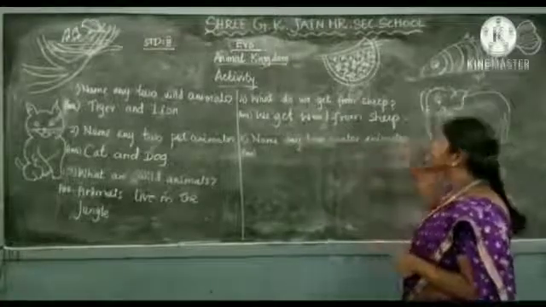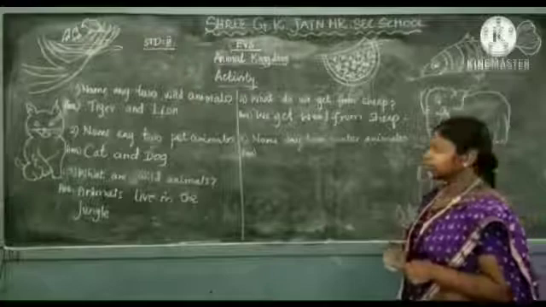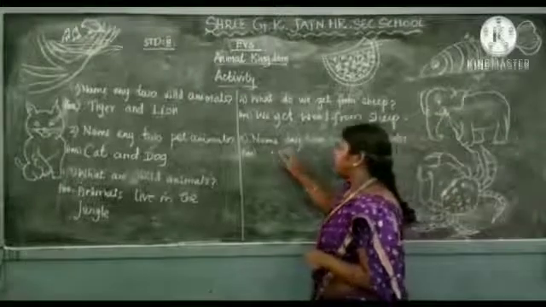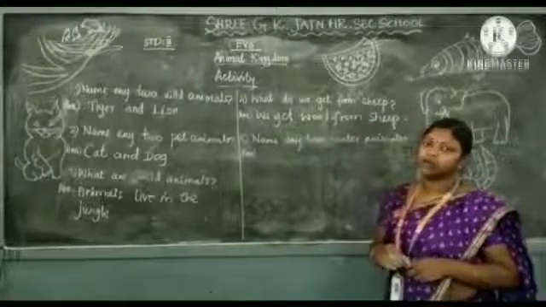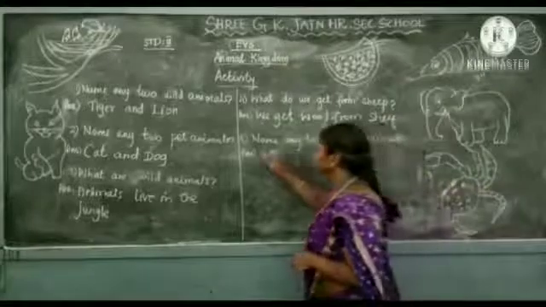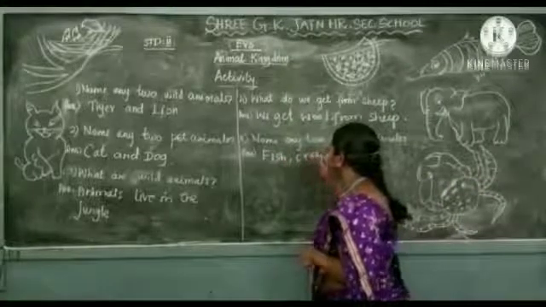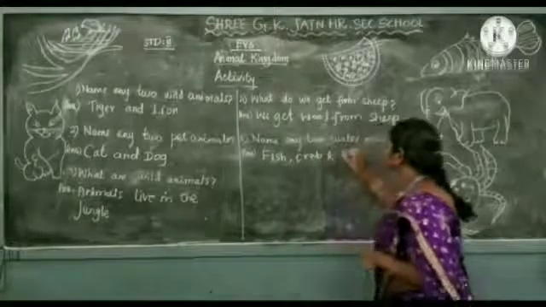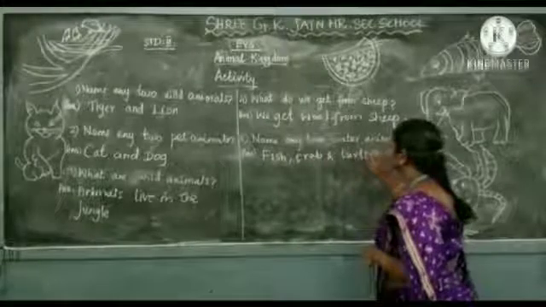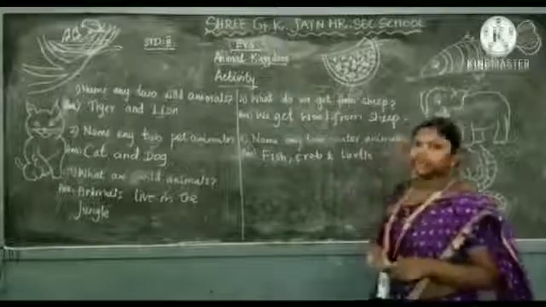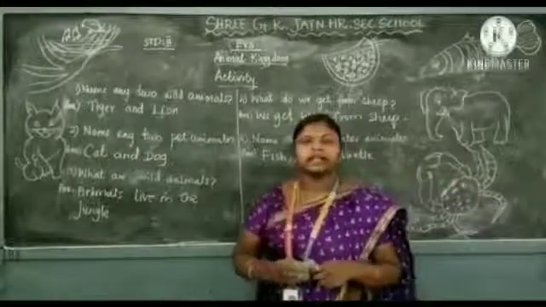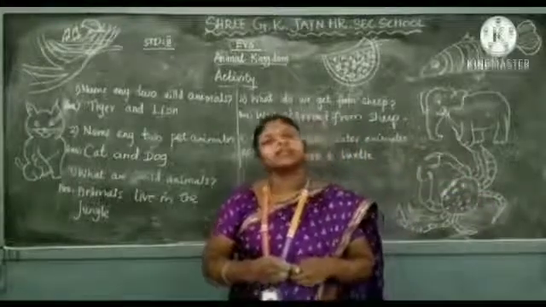Name any 2 water animals. That means the animal which live inside the water. For example, fish, crab and turtle. These are the examples of water animals. Okay children, thank you.